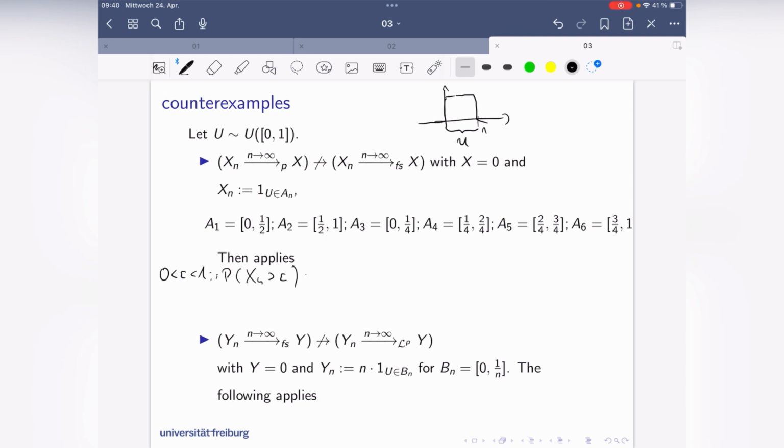Then this here is the same as xn equals 1, which is the same as u in An. And since the An's become smaller and smaller, this here, as n goes to infinity, goes down to 0, which means that xn goes in probability to 0.